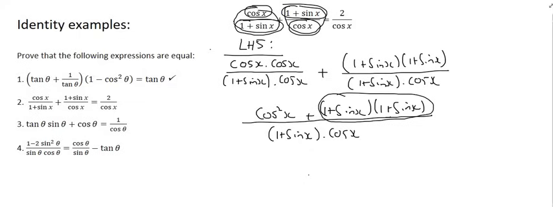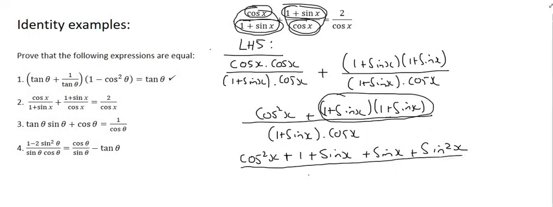Okay, so that's going to give us cos squared x plus, then I'm going to times the 1's together, which is 1 plus, and then there's a sin x plus another sin x. I'm just doing normal multiplying out of brackets, and then plus sin squared x. And then the bottom part is still going to be 1 plus sin x times cos x.